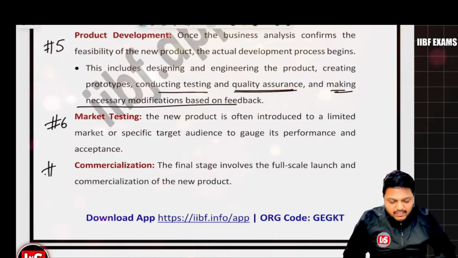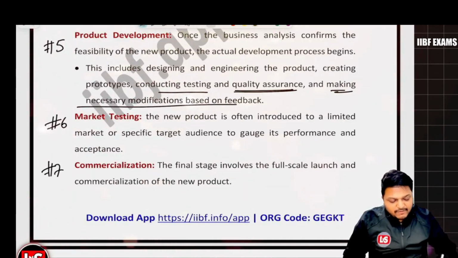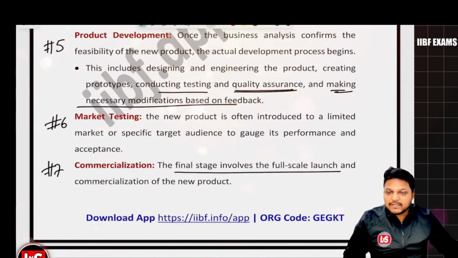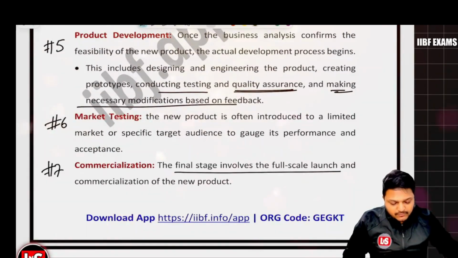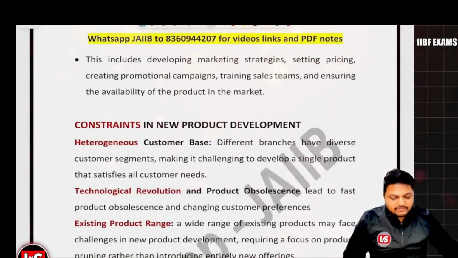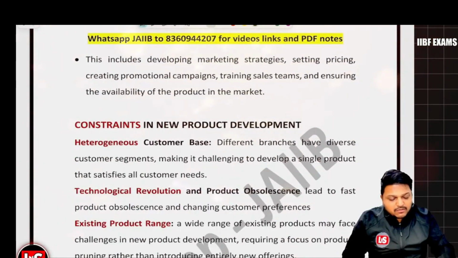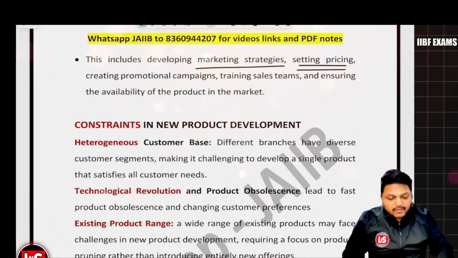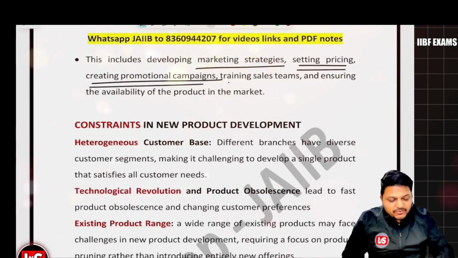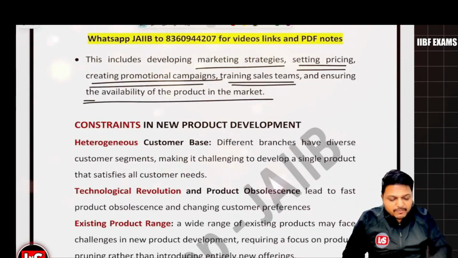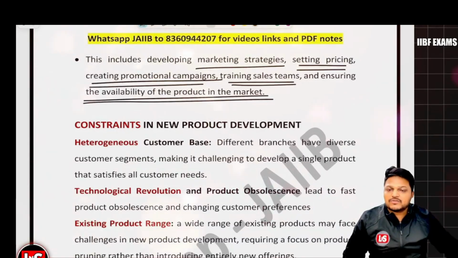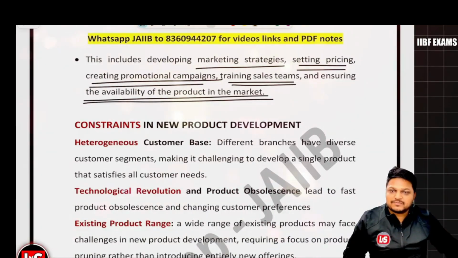And the seventh one is related to commercialization, the final stage, which involves a full scale launch and commercialization of the new product, right? So this includes the marketing strategies: what price is to be set, creating the promotional campaigns, training the sales team, ensuring the availability of the product in the market. So that's about the seventh stage.